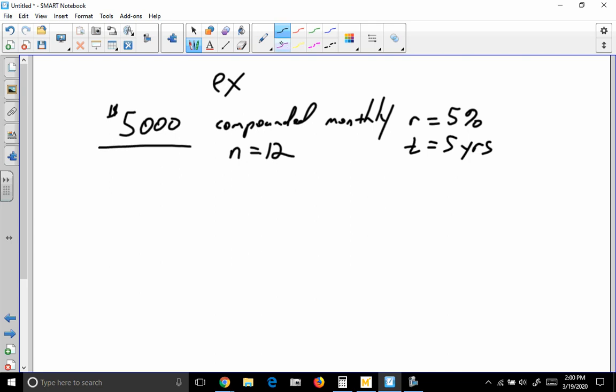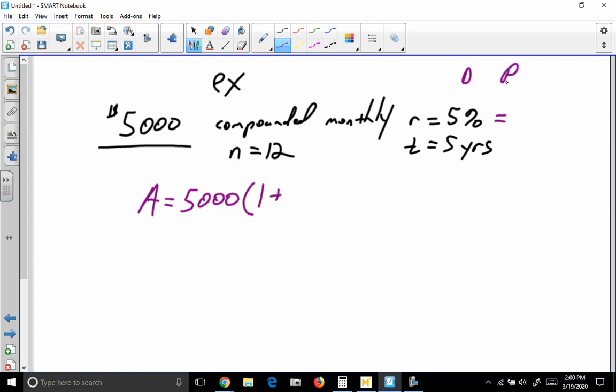We're not going to be paying just the $5,000 because the bank has to make money when they loan out money. So that's how they make their money, is they charge interest. So in place of P, we're going to put 5,000. In place of R, we're going to change 5% to a decimal.